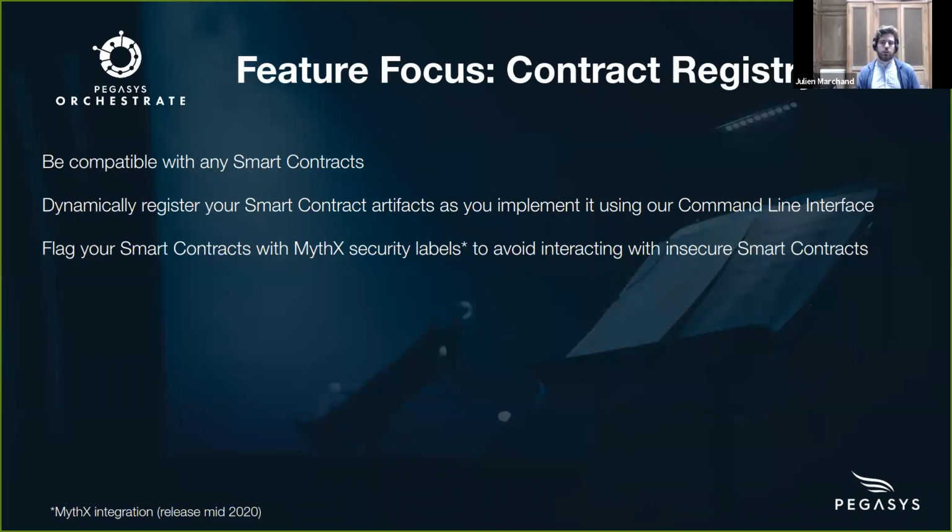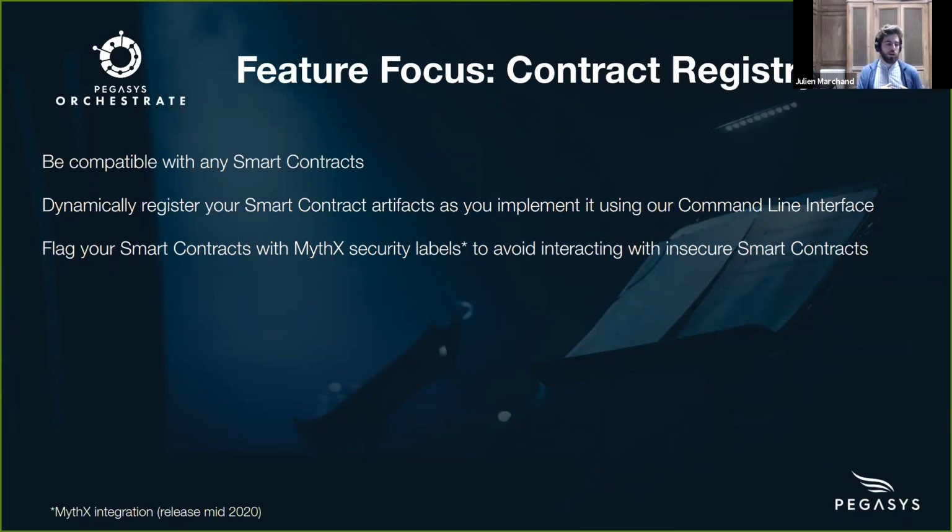Second deep dive is the contract registry. It will hold your smart contracts. It's not the same as a package manager on Ethereum. It's really a database that will store your smart contract, compile your bytecode, and then you will be able to deploy your newly pushed bytecode, and then be able to properly decode your transactions while still ensuring that you have kept the older versions of your smart contract.